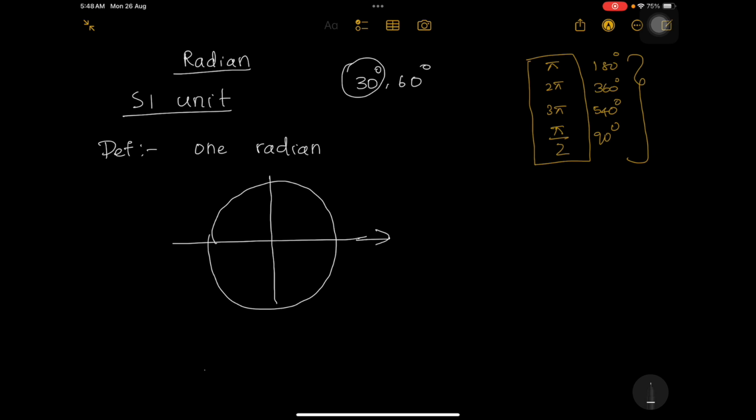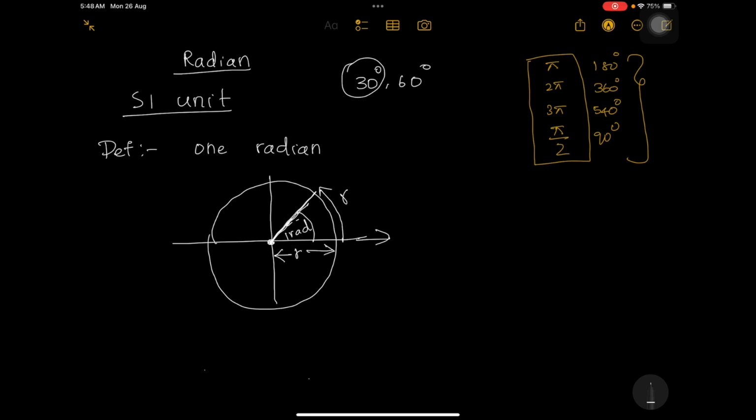The center of the circle is this. 1 radian is made by an arc whose length is, let's say, r, where r is the radius of the circle.